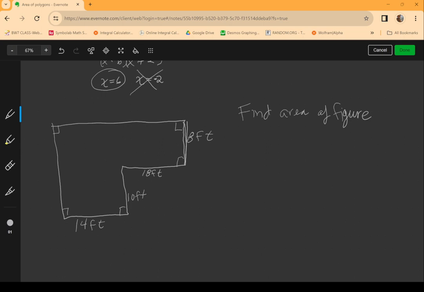Now, at first when I see this, I'm like, okay, this does not look like a rectangle, but it looks like I can at least chop it up here so that I have more than one rectangle. If I continue across this straight line here, I can have 2 rectangles.